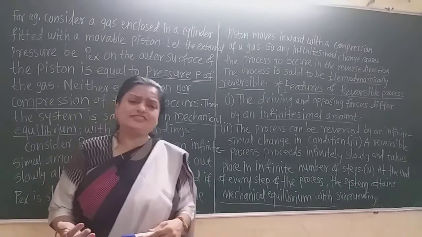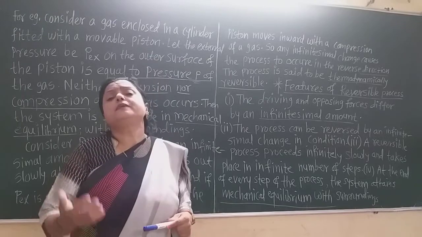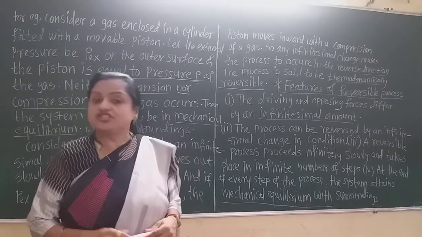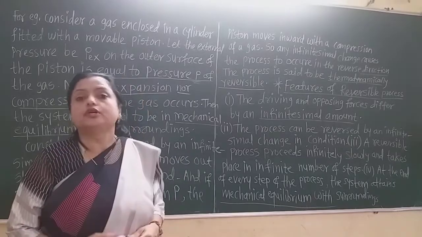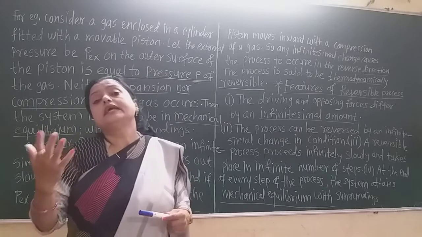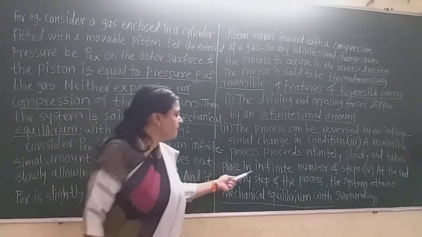As the process is infinitely slow, it takes place in many, infinite steps. That is the third characteristic feature. The process is very slow and is carried out in an infinite number of steps.